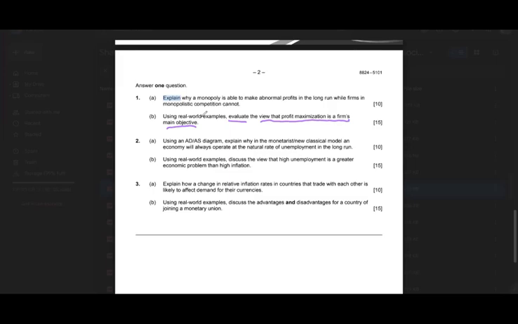For instance, it makes the market more efficient because firms that are motivated by profit maximization will make the most efficient use of resources. However, that is not necessarily the case in, let's say, a monopoly market where there's only one firm. Because there's no competition, it's not necessary that the firm will make the most efficient use of resources. So, to add this follow up, that is your content.